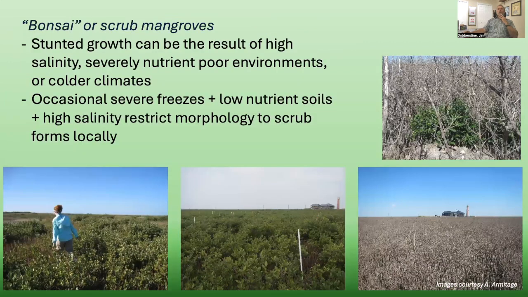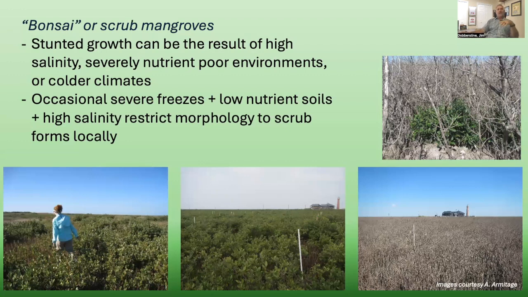So you will tend to find what are sometimes commonly referred to as bonsai or scrub mangroves, and they have stunted growth, kind of like the short form of the Spartina alterniflora does. And this is often the result of very high salinity, again, which takes a lot of energy to be able to move that salt out of their systems or exclude it, right?